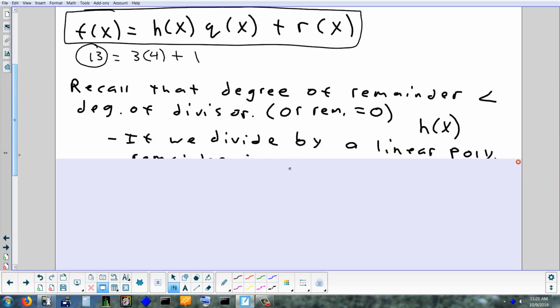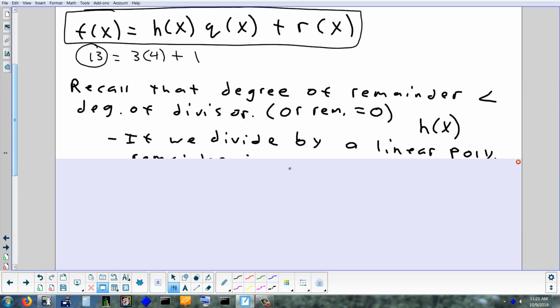Okay. So let's think about this one. The degree of the remainder is always less than what you're dividing by. So what if you divide by something linear? What's the degree of something that's linear? It's degree 1.